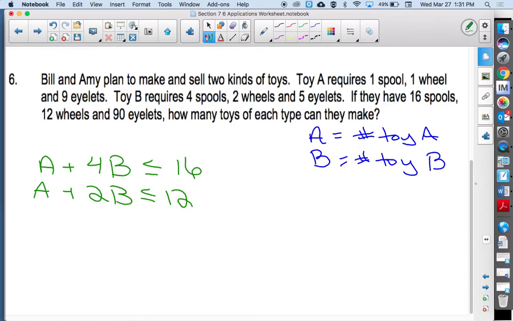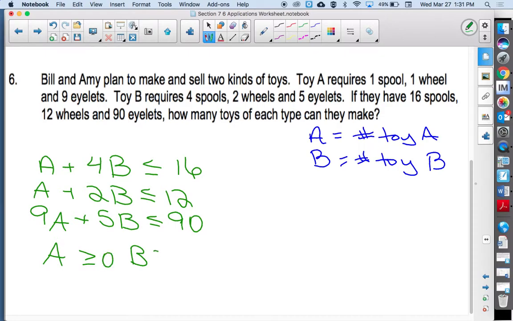And then we have these eyelets. And then I have 9a plus 5b is less than or equal to 90. And then I have a is greater than or equal to 0, and b is greater than or equal to 0. That one was similar to maybe the one we looked at in class. Any questions with that one?